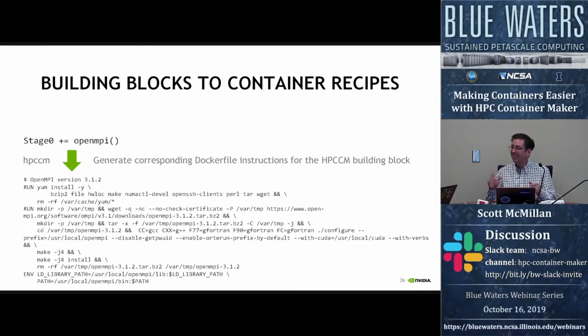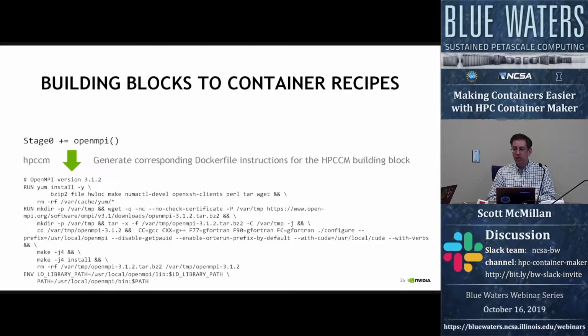OpenMPI builds fine, no problems, but it would silently turn off process pinning because it didn't have the library calls to figure out the NUMA domains of the CPU. And so while it was functionally running, you weren't getting the performance you would expect because it wasn't pinning the processes to the various cores. So once we discovered that, we fixed that in HPCM, and we added the numactl-devel package.